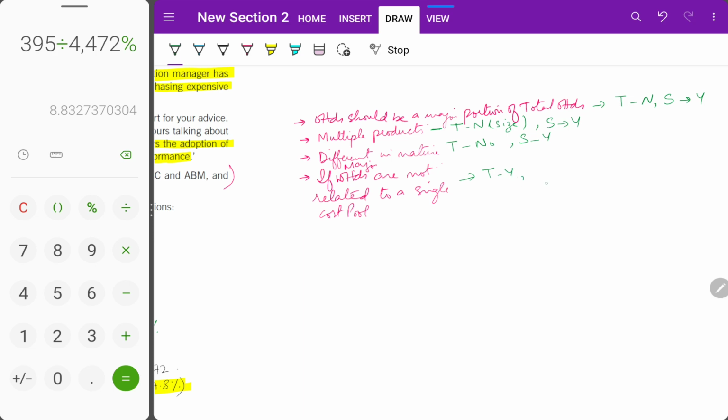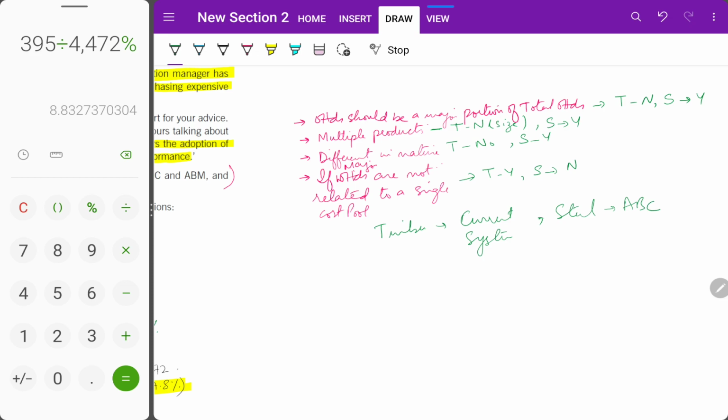It's not exactly yes, but 58% is not a smaller amount. And compared to steel division, it's definitely no. So probably timber division should continue with the current system, and steel division will probably move to ABC, right?